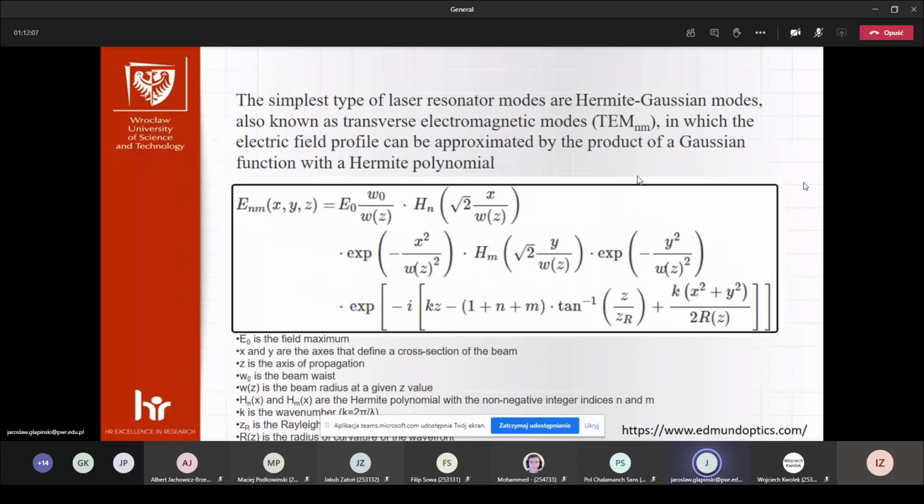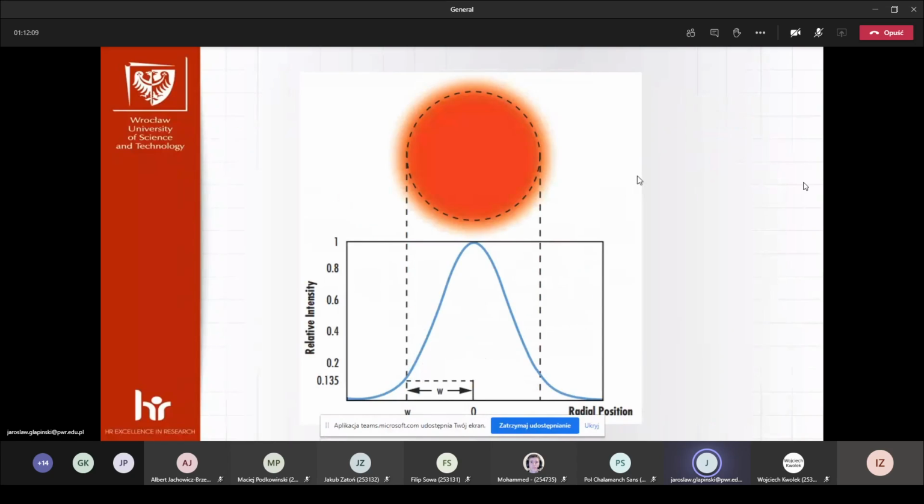Generally, the problem is that the wavelength going from the laser is not only one frequency. So this is the Gaussian curve that shows us that we've got different frequencies going from the laser.